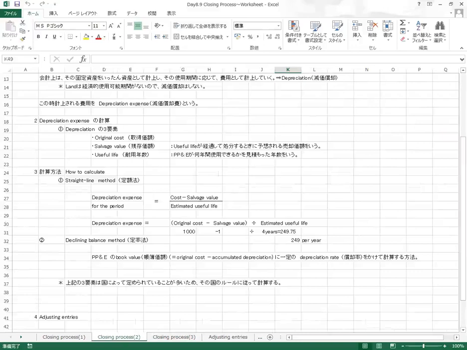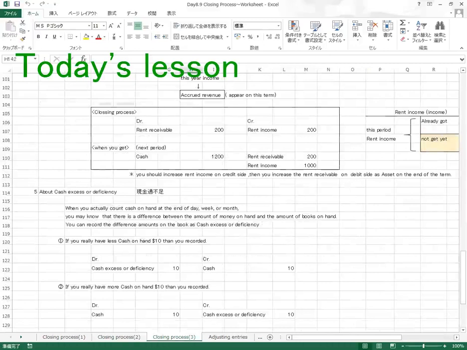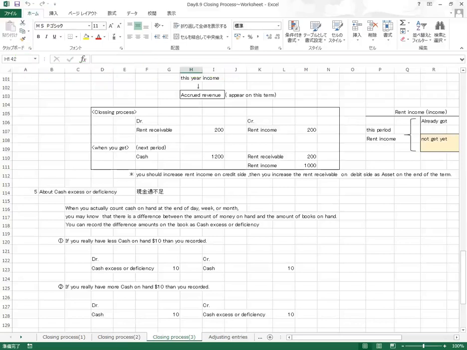Today, closing process number three is appropriately accounting income and expense for the accounting term.